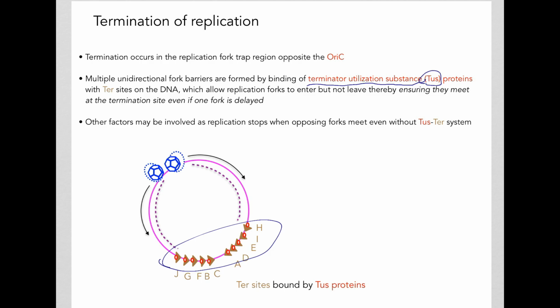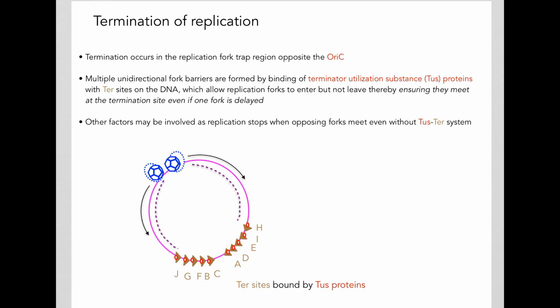These proteins interact with TER sites on the DNA, and that leads to the formation of multiple unidirectional fork barriers. You can see these arrows going in this direction and these going in this direction. These unidirectional fork barriers will allow the replication fork to enter but not leave. Similarly, this fork can enter, but it cannot overcome this obstacle.